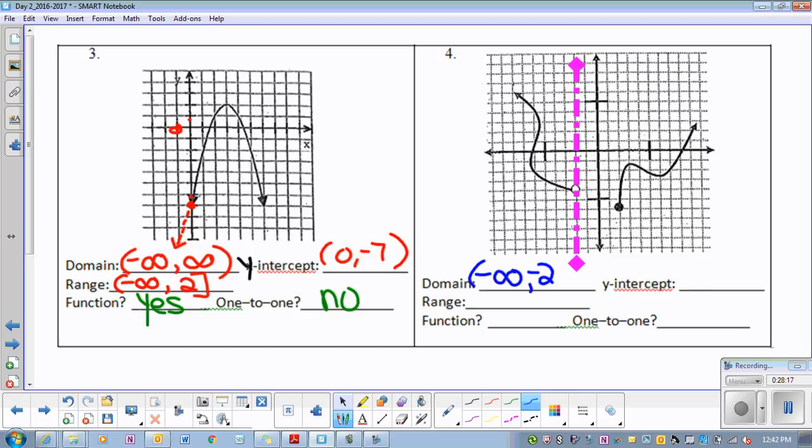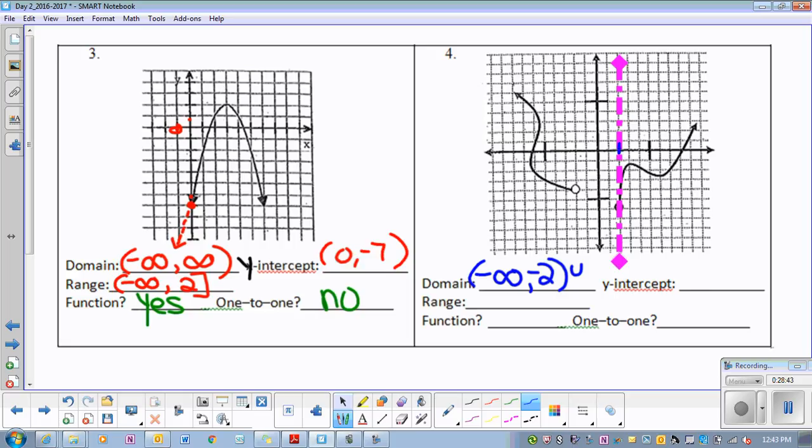Open. So is it parentheses or bracket? Parentheses. Oh, and then it jumps. So that means I need to put a little u, right? And then it jumps over to where? What x number does it start back up at? Positive 2, right?